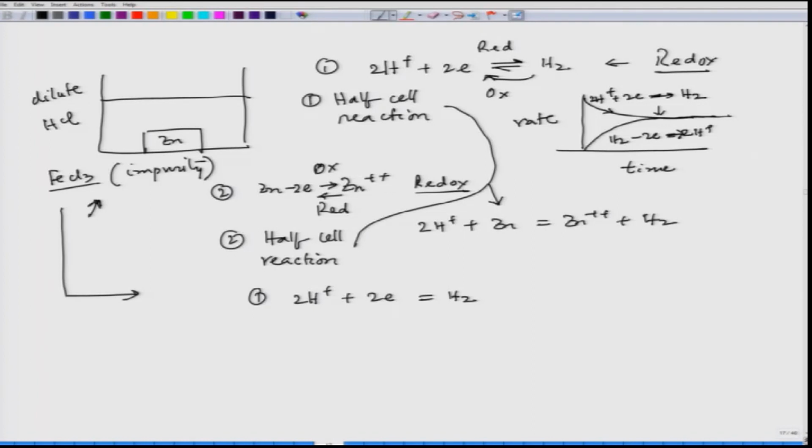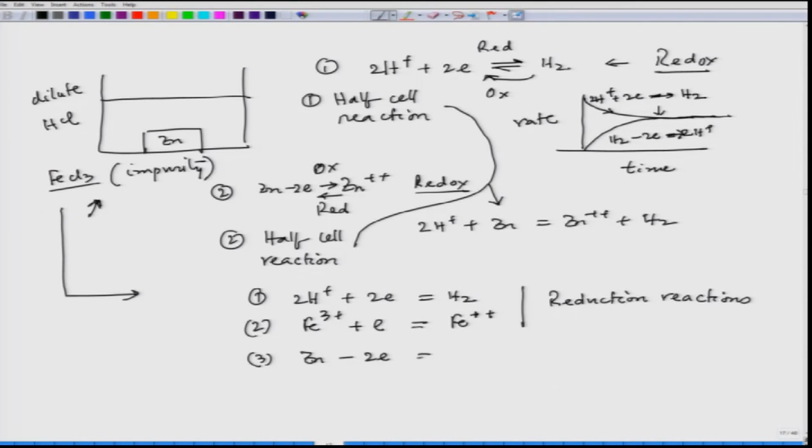This is the same as what was considered before. The second reduction reaction is Fe3+ accepting one electron and going to Fe2+. This is also a reduction reaction. So, these are two reduction reactions, and there will be only one oxidation reaction, which is Zn going to Zn2+. This is the oxidation reaction.